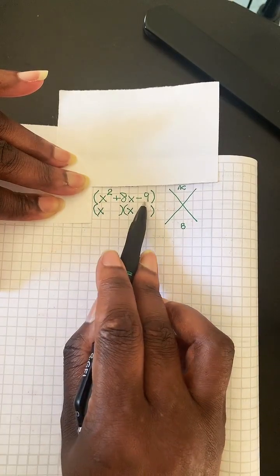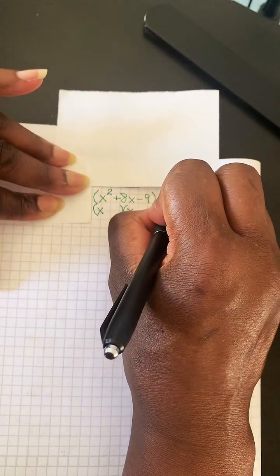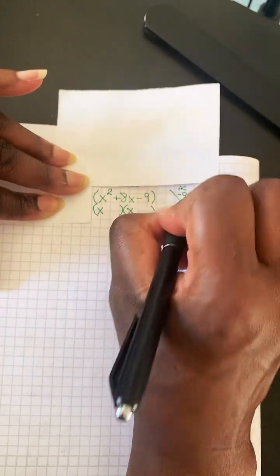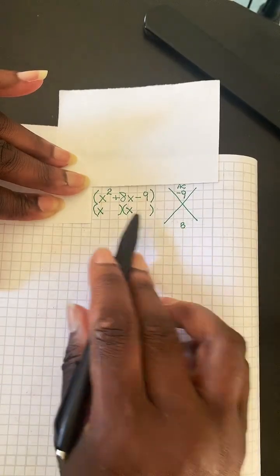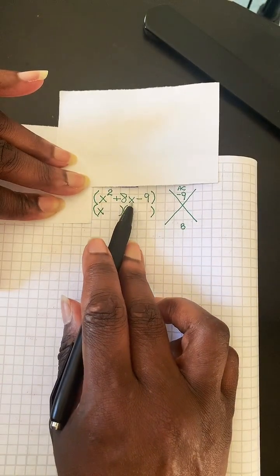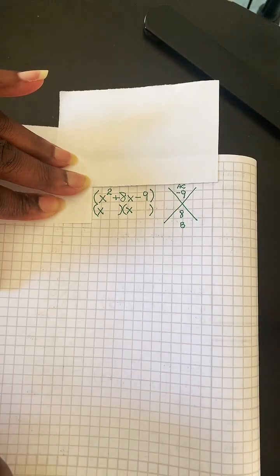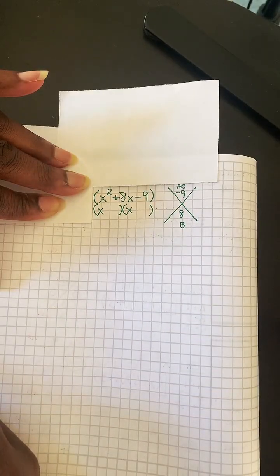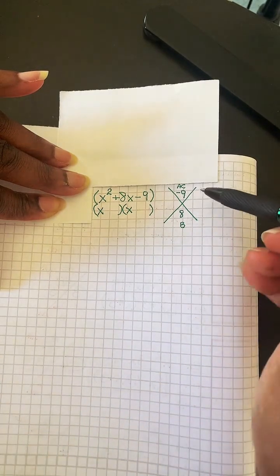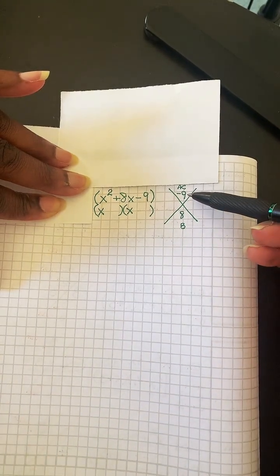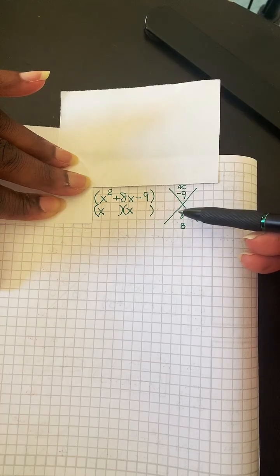So 1 times negative 9 gives me negative 9. My B is the middle term, so that's my 8. Yep, Toddy, AC is negative 9. So what two numbers multiplied together will give me a negative 9 and add together to give me a positive 8?